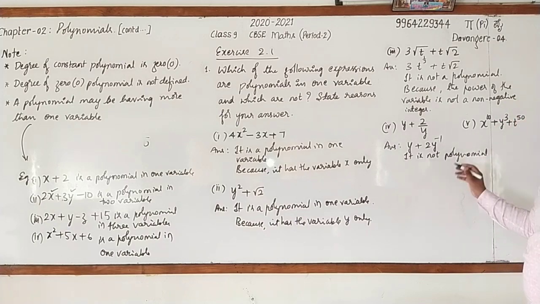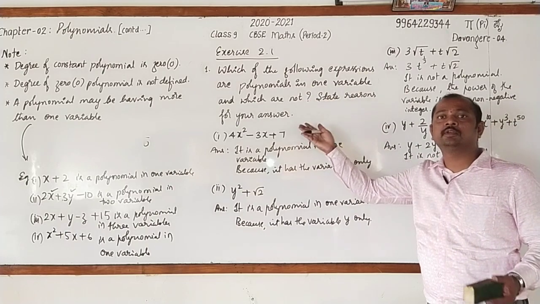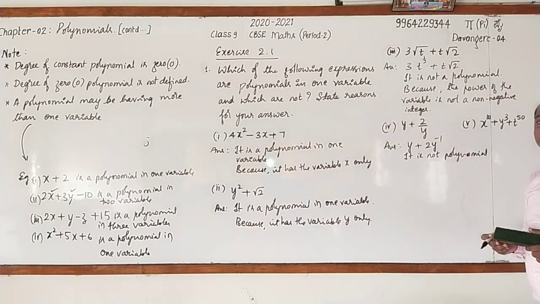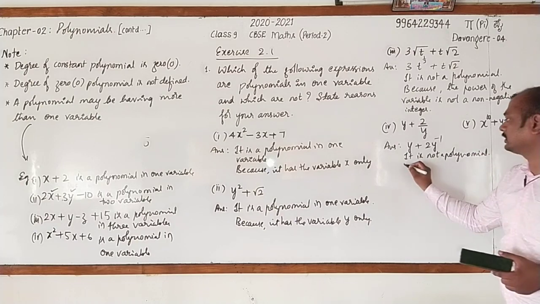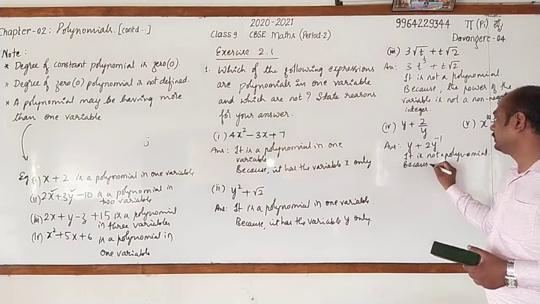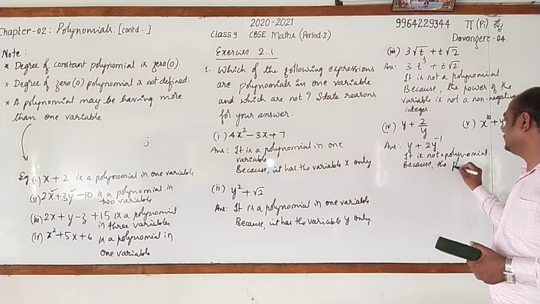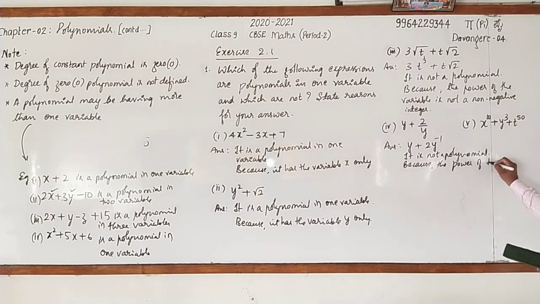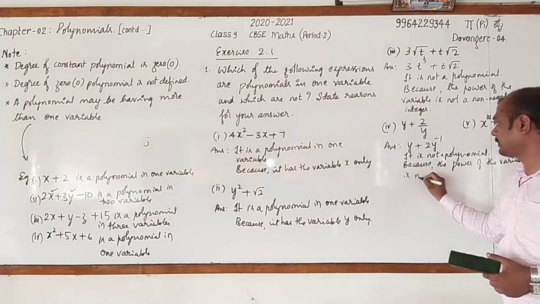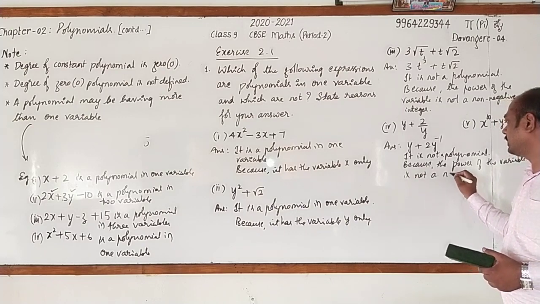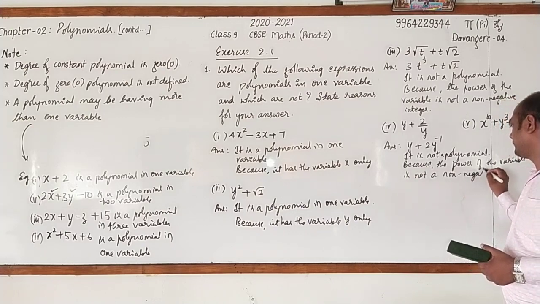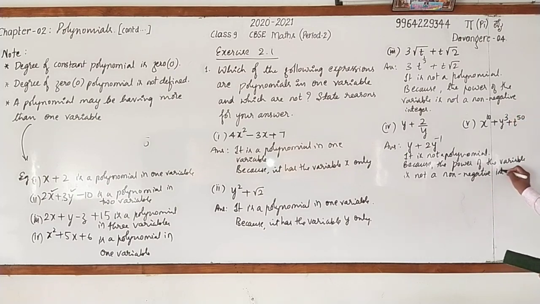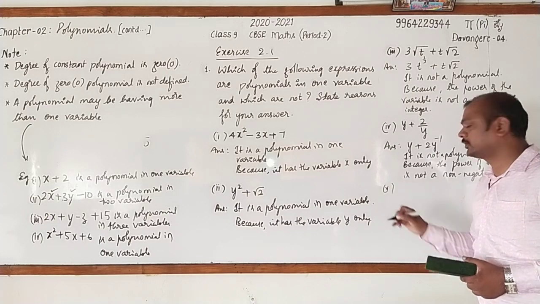Only if it is a polynomial can you tell whether it has one variable or two variables. It is not a polynomial because the power of the variable is not a non-negative integer. Got it?